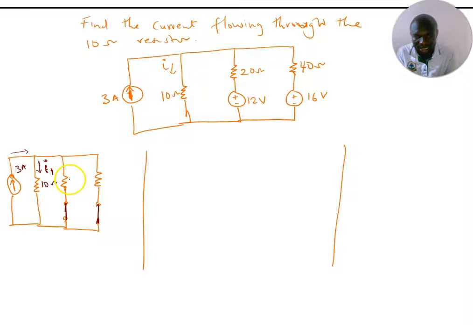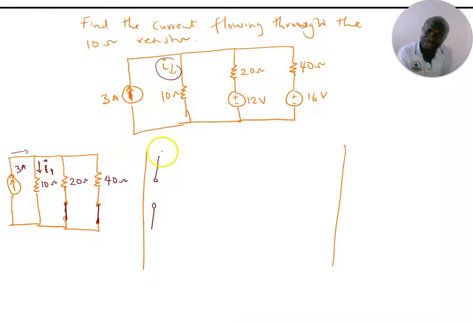And this is 20 ohm, and this is 40 ohms. So I1 is moving in the same direction as I. Okay, so let's move on. For the second one, we ignore the 3 amps current. So we take that one off.